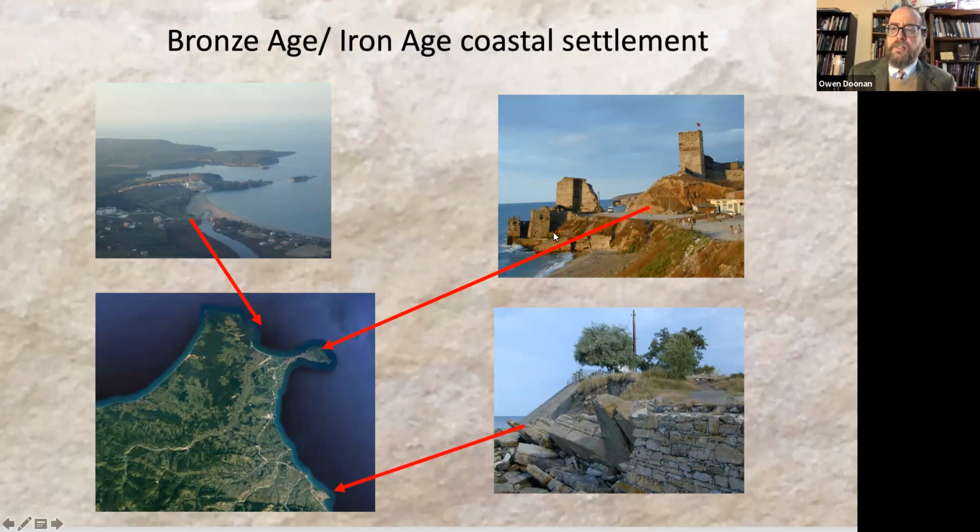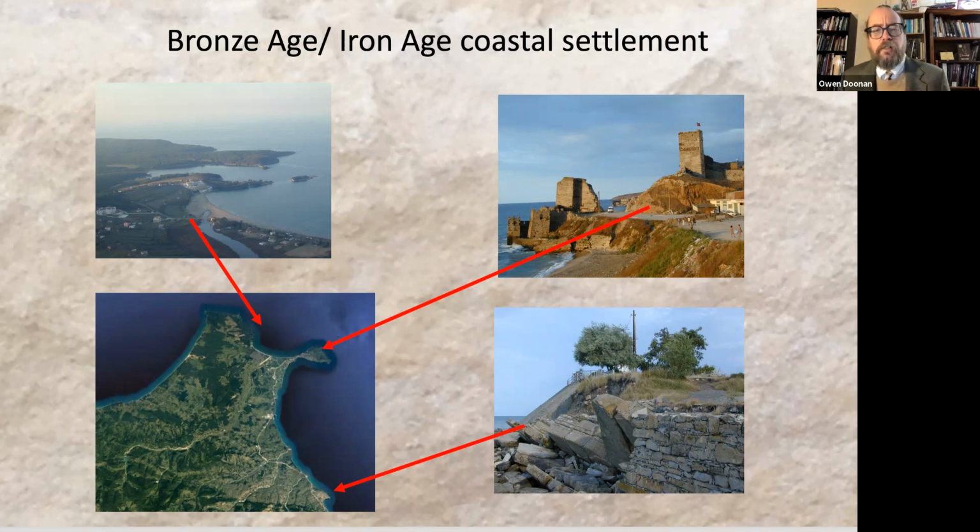Now, settlements like these by the sea, here's Sinope. This is that scarp you saw a few minutes ago. This is the Gerze Kirchhuyuk. And this little nub over here is also an Iron Age site. So sites like this are obviously not terribly appropriate for people to spend time farming and so forth.